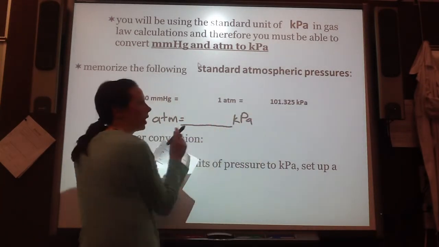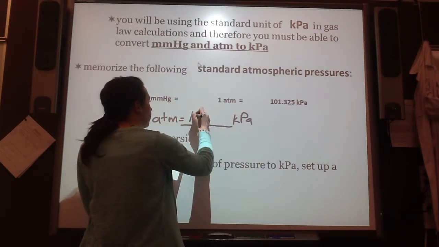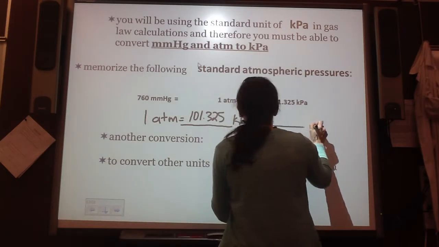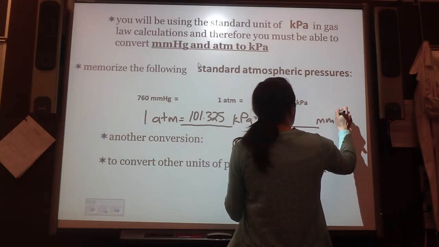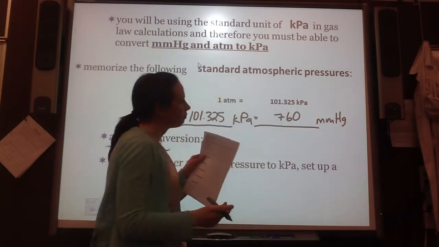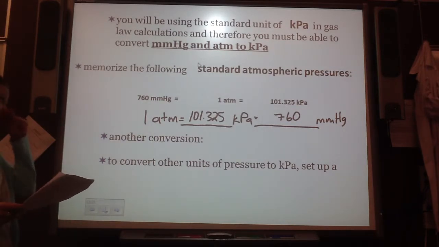What would I put in that blank? That's right, 101.325 is equal to blank millimeters of mercury, and that's where I put in the 760, okay? So this you need to memorize, these conversions, back and forth.